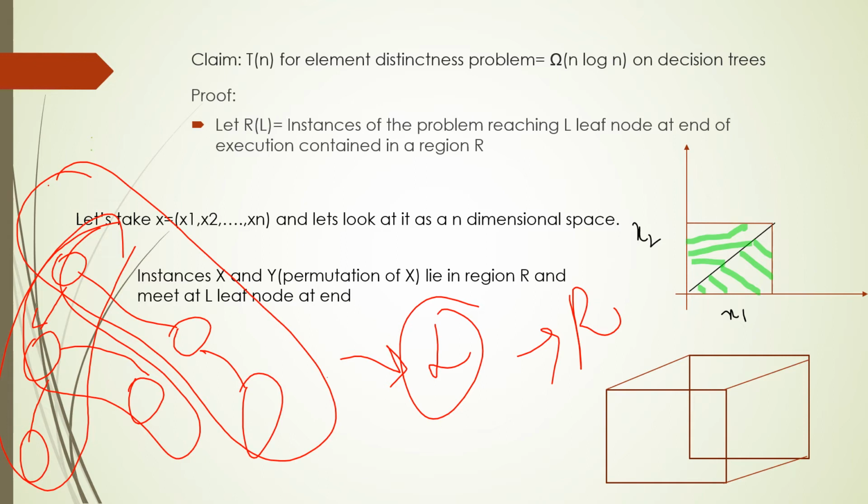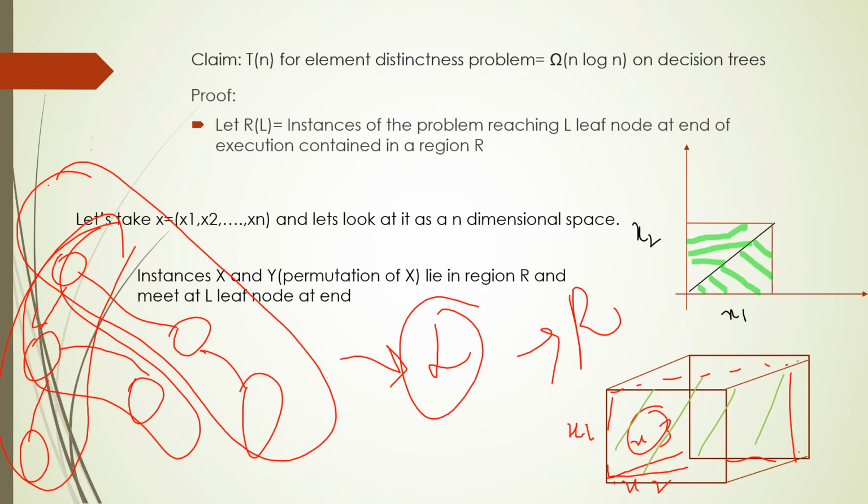When you take a 4-dimensional space, let's take this one as x1, this as x2, and now we have x3. If our point is less than x3, then your point is somewhere here, and that will be half of this cube. Subsequently you keep breaking down the region, and it keeps shrinking.